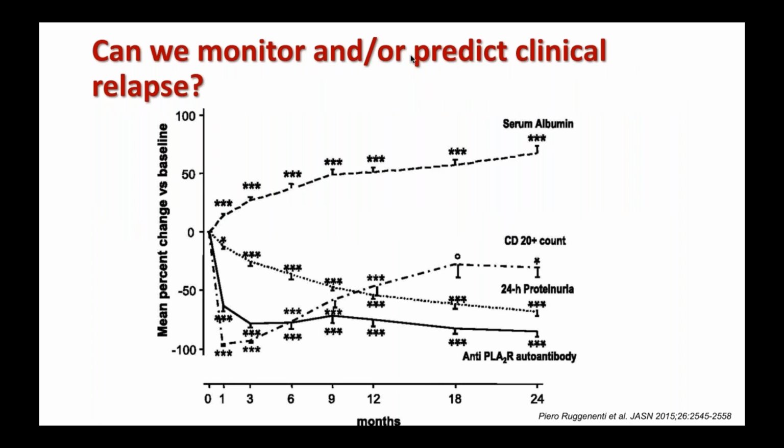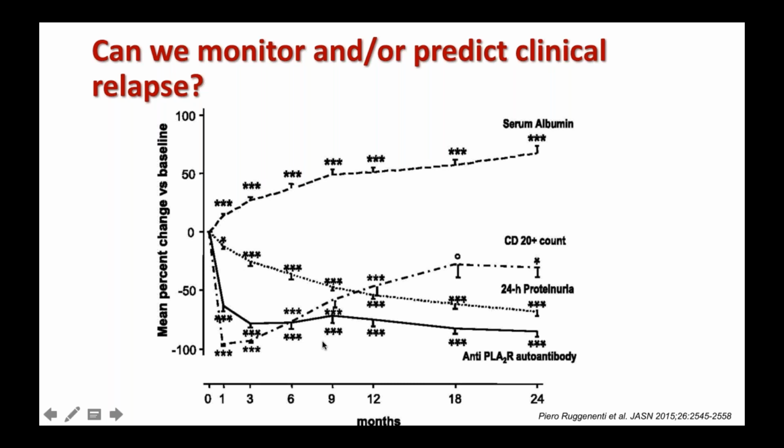So the answer to that seems to be yes, that now that we have antiphospholipase A2 receptor antibody, which is shown in this line, you can see that this precedes the development of urinary remission, which is the 24-hour urinary proteinuria, and this coincides with the CD20 count. So the CD20 count falls very rapidly after rituximab is given, and this is followed by reduction in antiphospholipase A2 receptor antibody, which is followed by reduction in proteinuria.